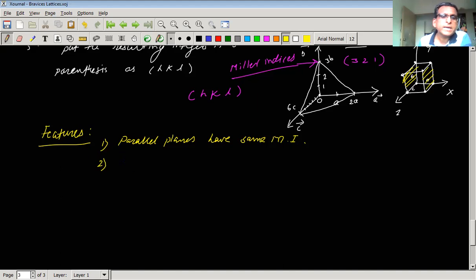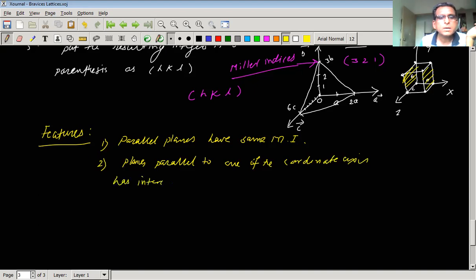Obviously, if we think of this shaded plane here, and give the labels A, B, C and D, these are the planes to be considered.